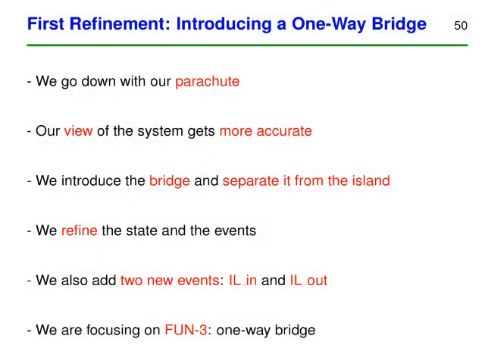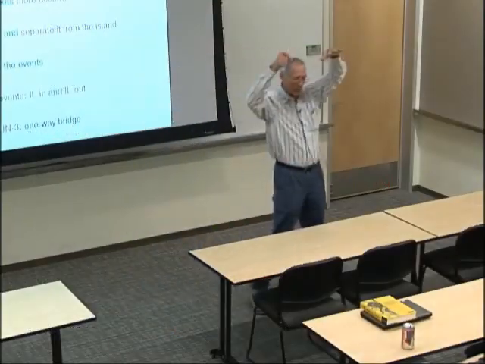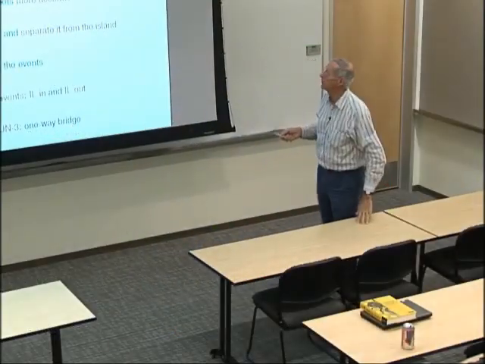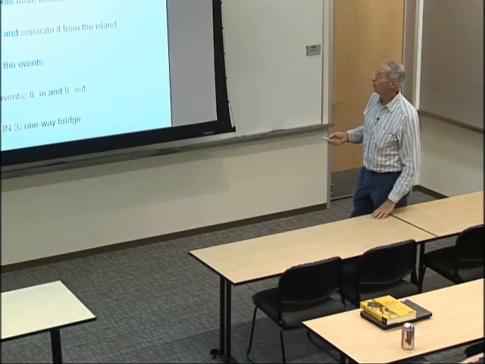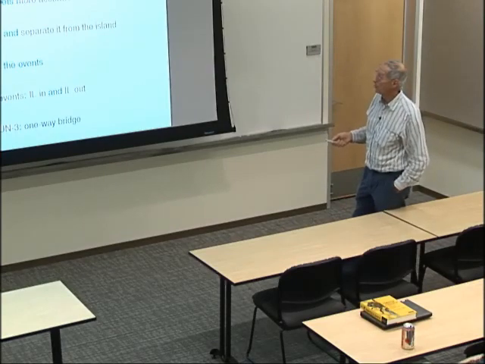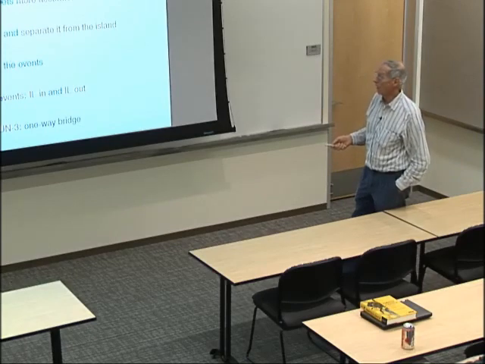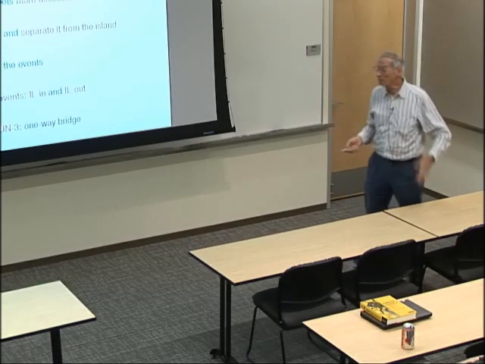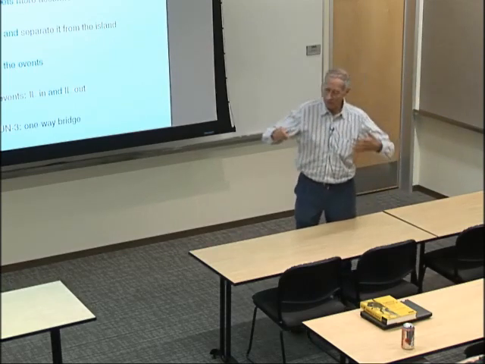So the paradigm is that we were very high in the sky, and now we go down with our parachute and we see more things. Our view of the system is more accurate. We see the bridge separating the mainland from the island. We refine the state and we refine the events. And we are going to add new events to the two we have, ML in and ML out.